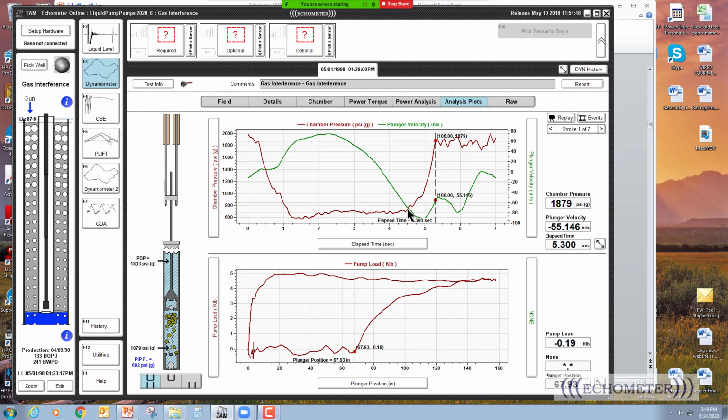It's at a pressure probably lower than the average of the intake pressure plus discharge pressure in the compression cycle. So maybe you'd say it's at the discharge pressure completely mixed for less than a half a second.